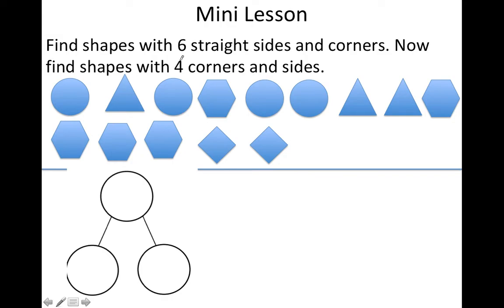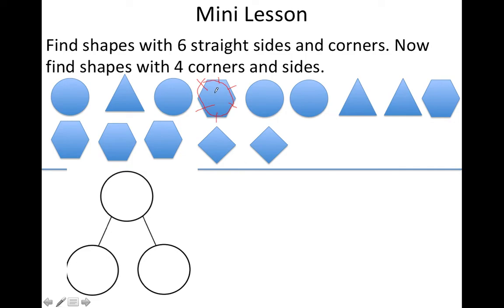So it says find shapes with 6 straight sides. Let's count. 1, 2, 3. Does this have 6 sides? You're correct. It does not. How about a circle? Does a circle have 6 sides? Nope. How about this shape? Let's count. 1, 2, 3, 4, 5, and 6. Excellent. The name of this shape is called a hexagon.